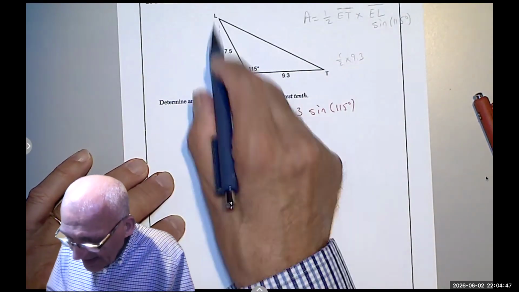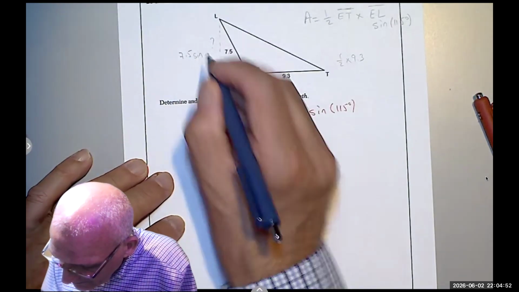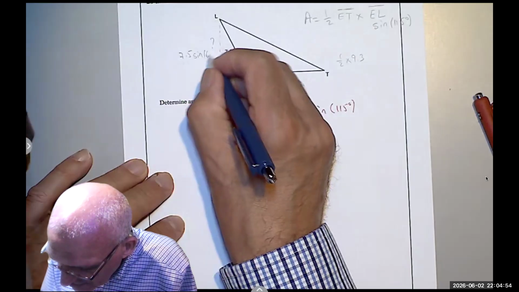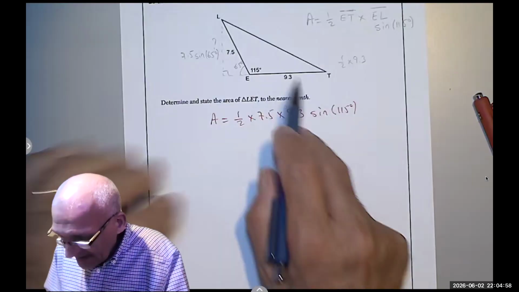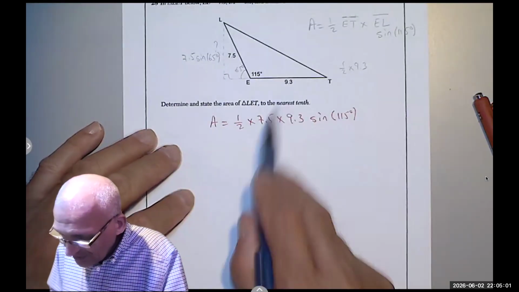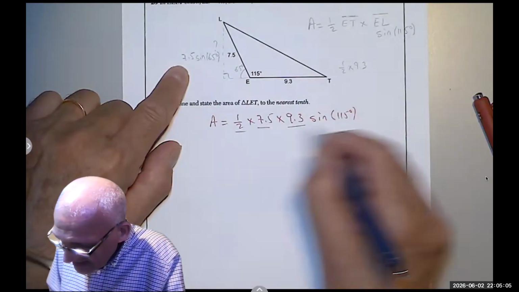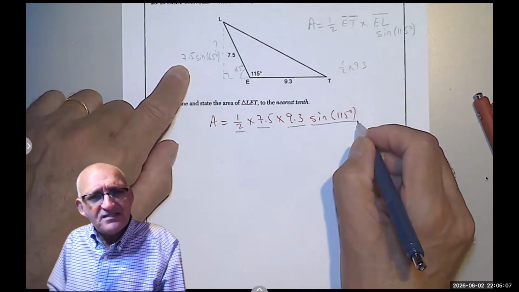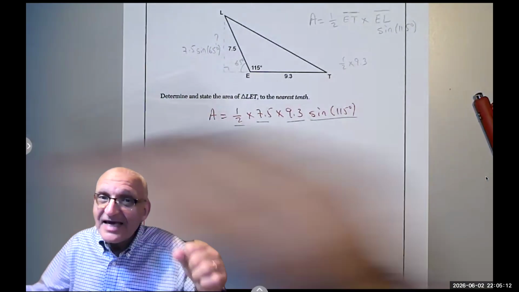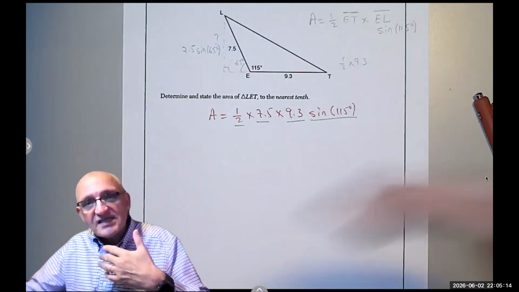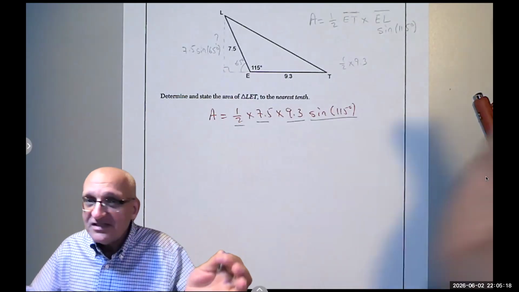And this height would be 7.5 sine 65 degrees. So the area would be 1/2 times 9.3 times 7.5 sine 65, not sine 115. But you know that the sine of supplementary angles is the same because the sine is positive in the first two quadrants. So whether I say 30 or 150, it's the same thing.